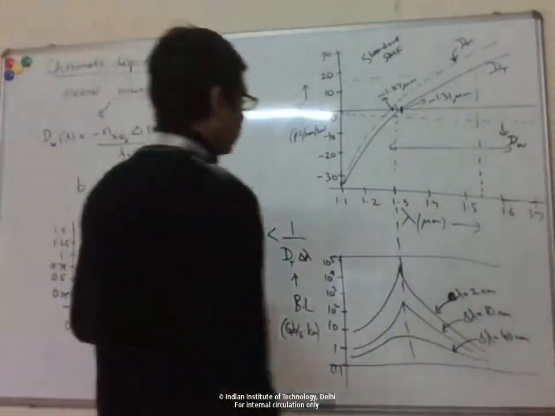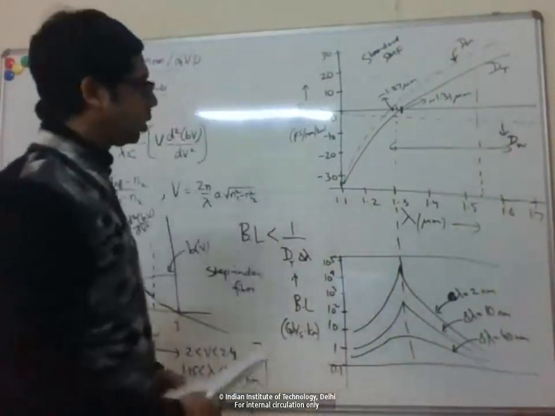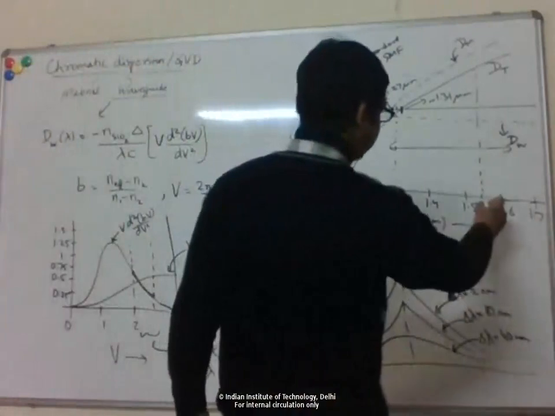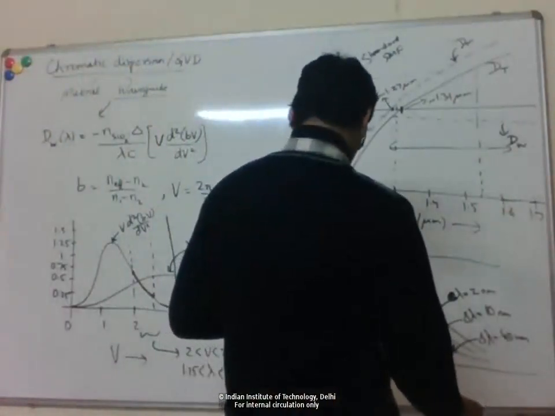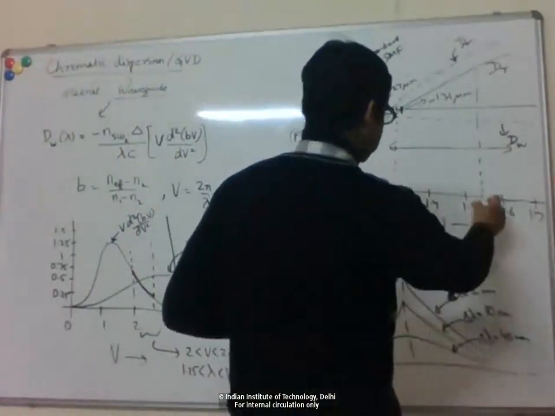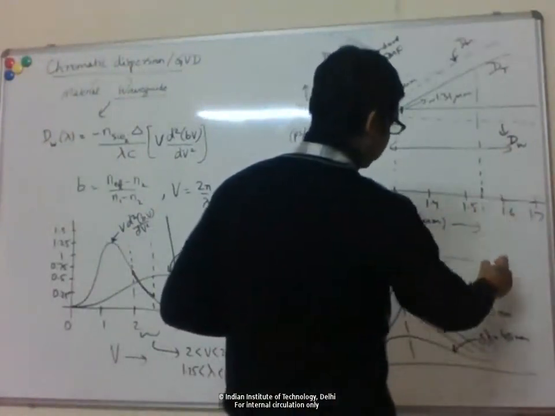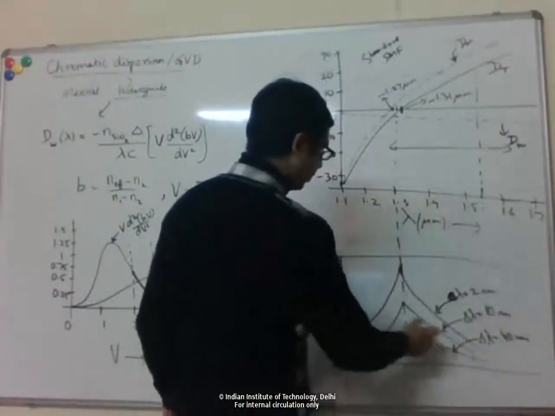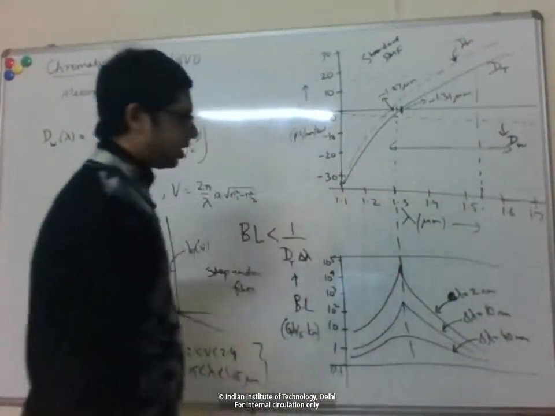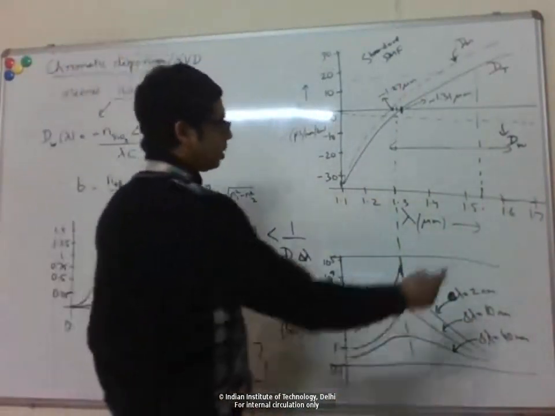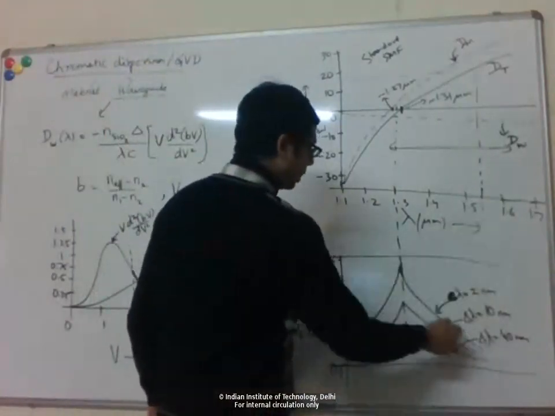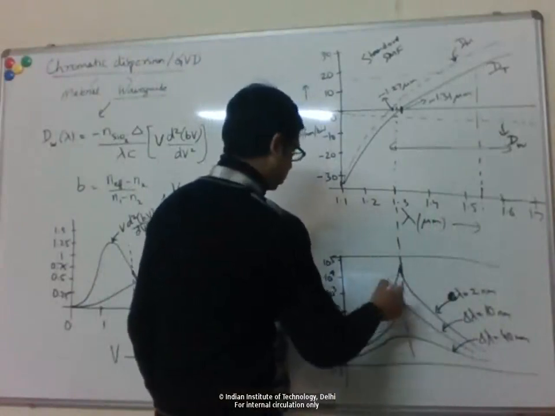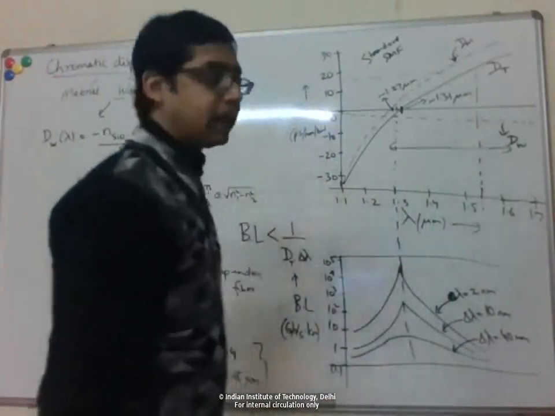Now you can see here, for example, if you want to operate at this minimum loss wavelength 1.55, that's away from the optimal point in terms of dispersion. So the data rates that we can get at 1.55 limited by dispersion is much smaller than what we could get at 1.3.